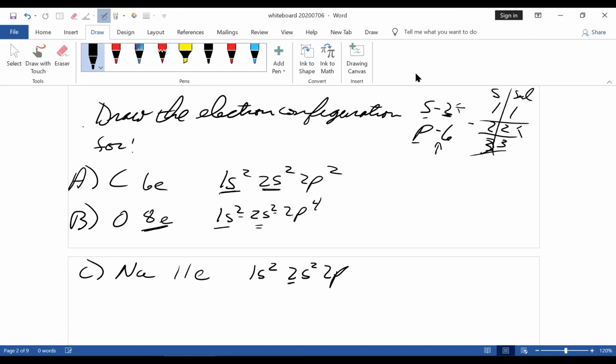Well, 11 minus 4 is 7, but I can only put in 6 here. I've got 10. I have 1 more to go, but shell 2 only has 2 subshells, 2s and 2p. I filled it up, and therefore I have to go to the next shell, which is 3. The first subshell is 3s. I have 1 electron, and I'm done.